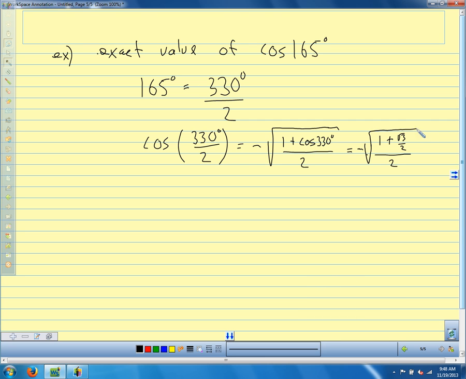If you left your answer written like this, I would be fine with it. We could simplify it a little more, not really that much. So this problem asks us to recognize that 165 is 330 degrees divided by 2. We're in the second quadrant, so our answer is negative. All right, questions on that example?